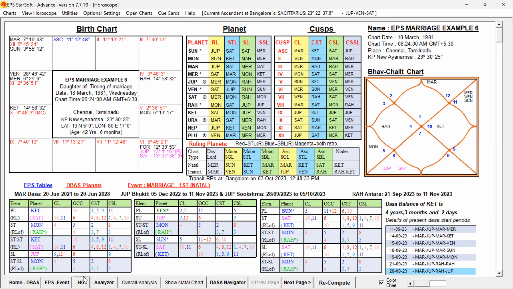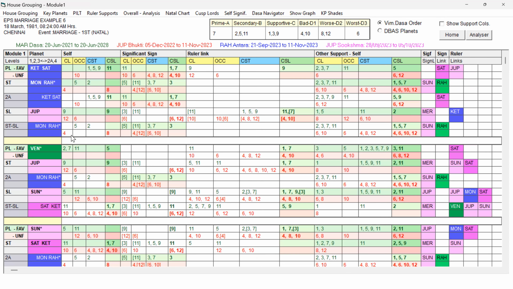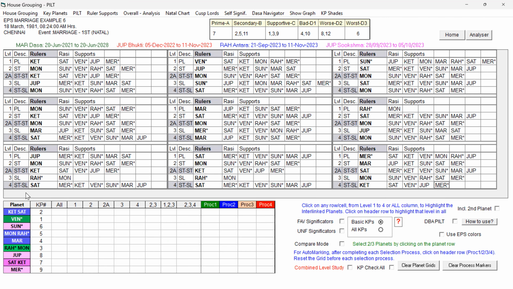With the help of the key planets, we can use either the key planet sets automatically generated by the software according to their score, what favorable and unfavorable they are getting, or we can use the EPS colors which we have assigned in the previous video for each planet as per their self-signification strength.